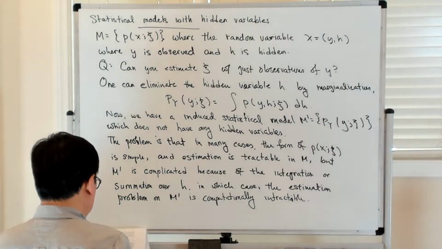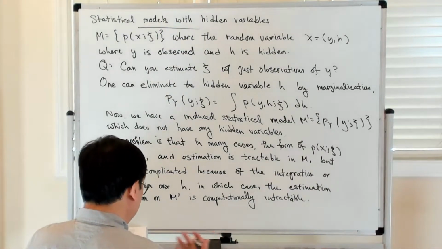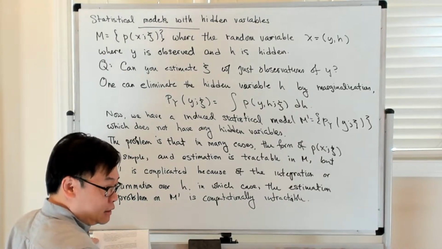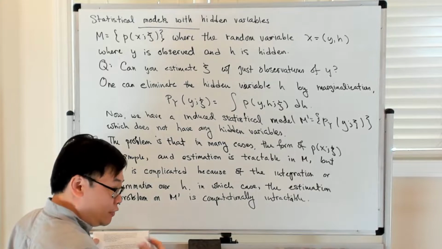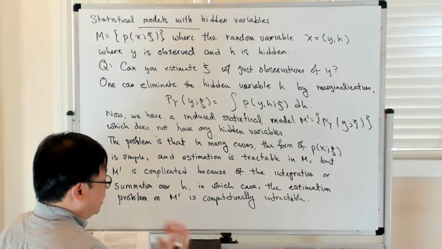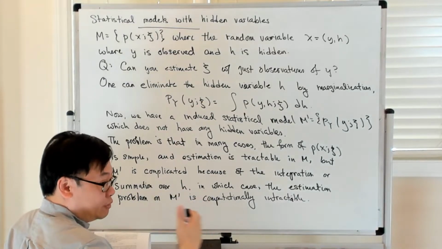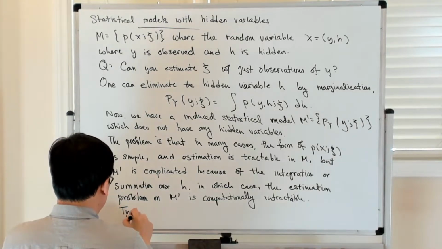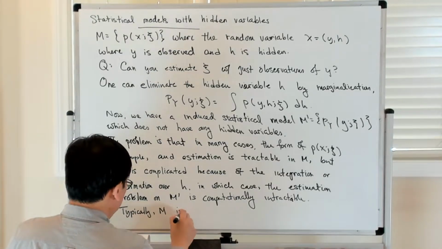Okay. So in particular, we've looked at situations where the exponential family plays a very clear role. In the context of information geometry, it's nice. It's very easy to do estimation there. So oftentimes what happens is that the original probability distribution with the hidden variables is an exponential family. So typically, M is an exponential family.